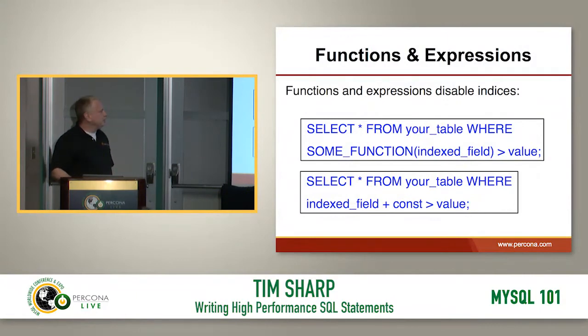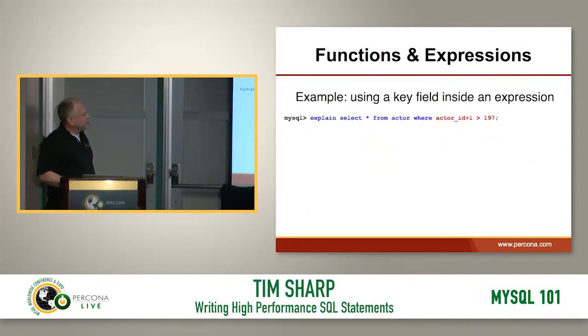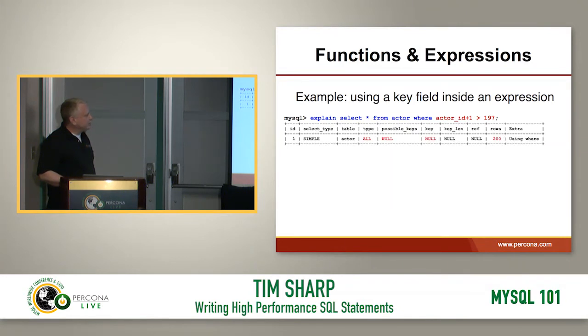Another issue is functions and expressions will disable indices. So for example, let's say we SELECT * FROM actor where the index column is part of an expression. When we look at the EXPLAIN statement, we see that the possible keys are null. It wasn't able to use the index column, and it had to examine all 200 rows in the table.